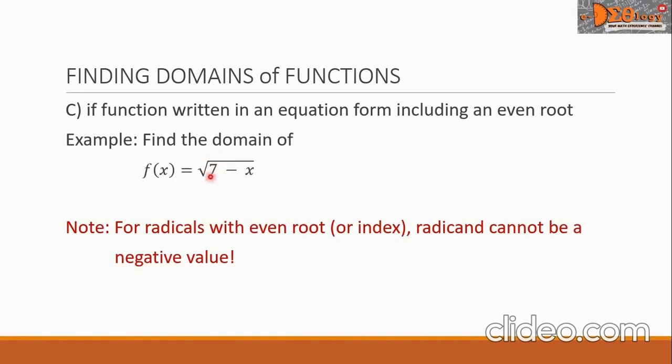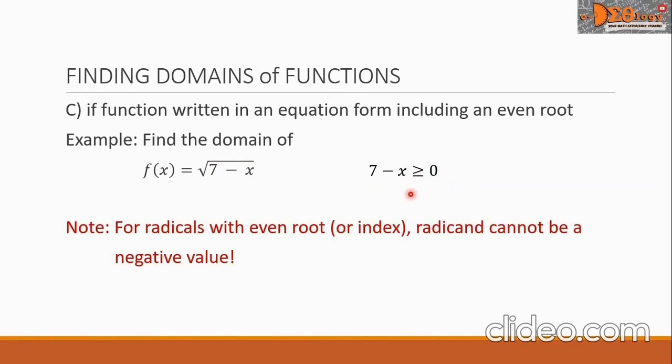And in our problem, the index is 2. So what we'll do now is to copy the radicand, that is the 7 minus x, and then we will write greater than or equal to 0, because this radicand can be equal to 0. So we will always use the symbol greater than or equal.